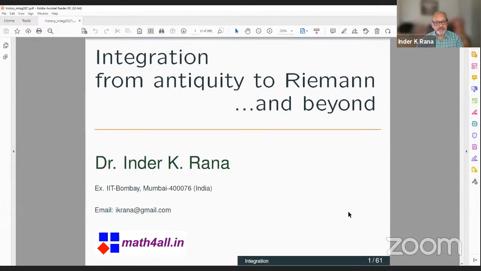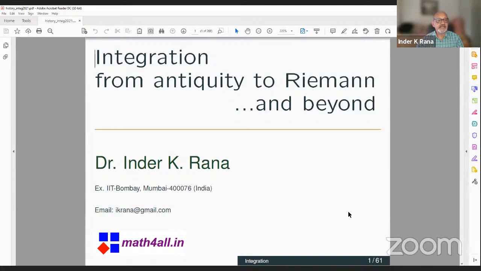We started this initiative, Math Clinic, to help students understand various topics, overviews, insights, and so on. So today's talk is on integration, the historical development of integration, the concept of integration.